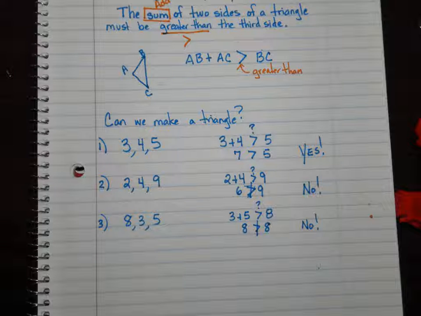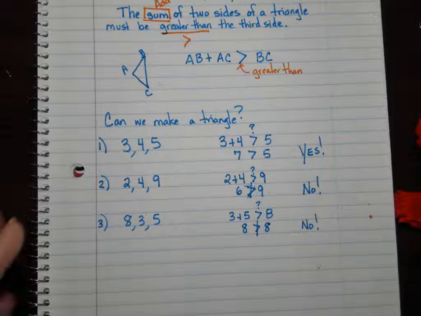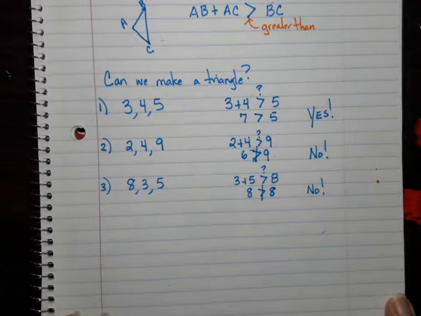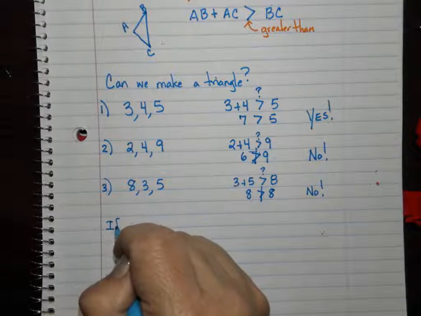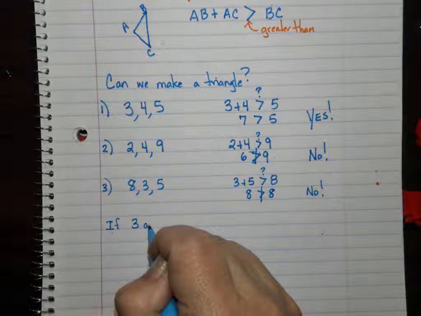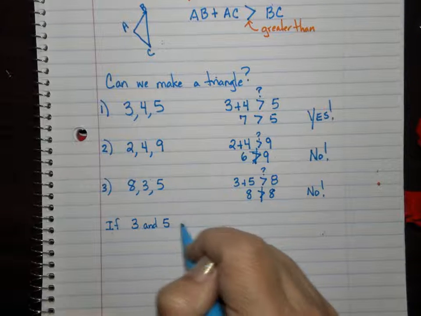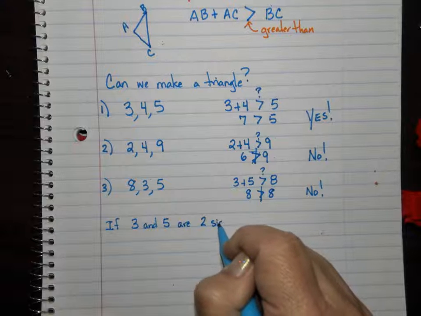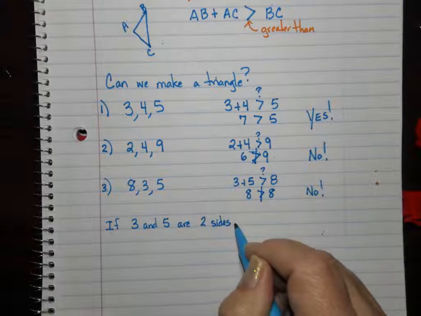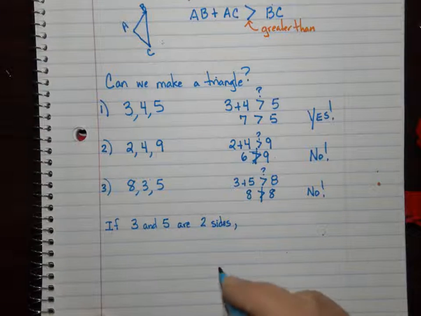Alright, well sometimes they ask you about this idea by saying it a different way. So if 3 and 5 are 2 sides of a triangle, but we won't write that part.